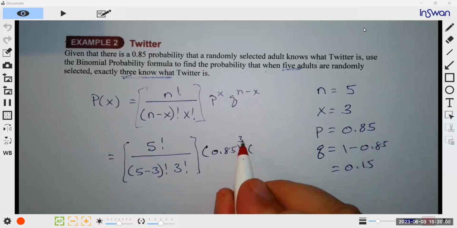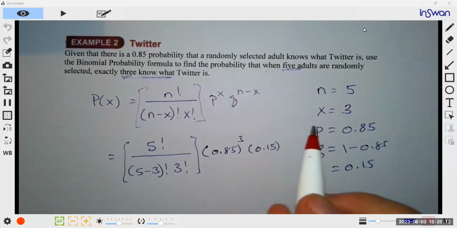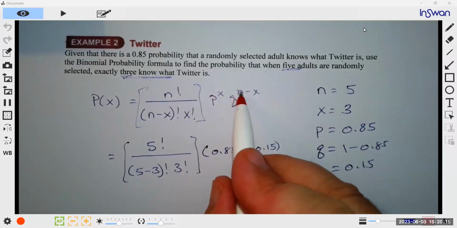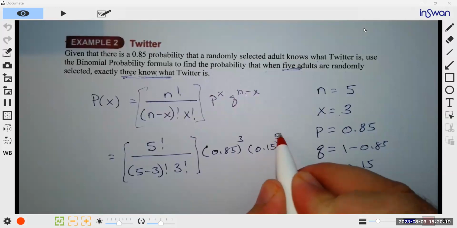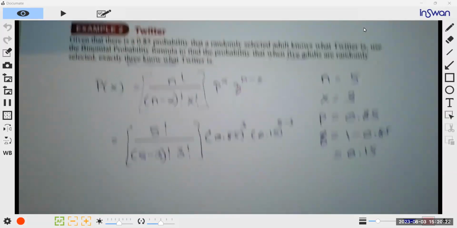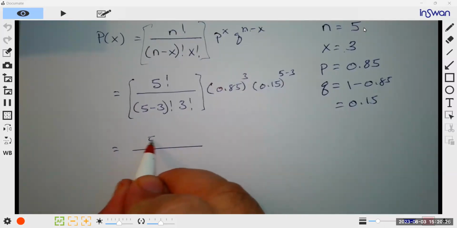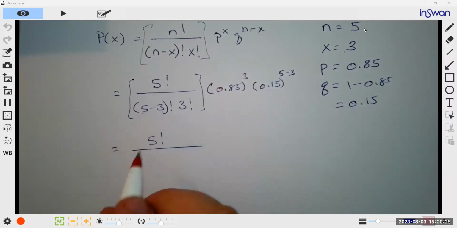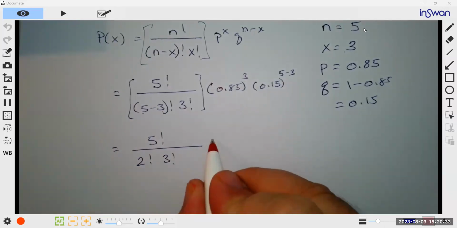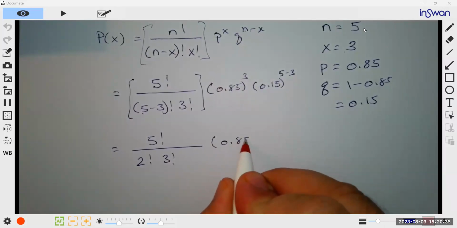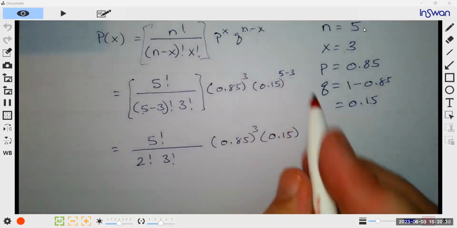So that's success. There were 3 successes. The failures, that's where you use n minus 3. 5 people total. We take away 3 successes. All we're left with is 2. 5 minus 3 is 2 factorial.